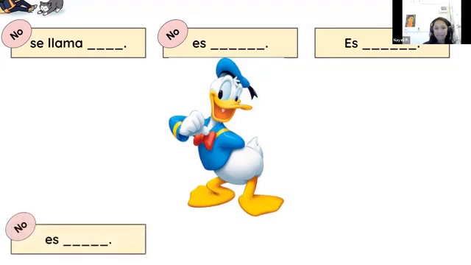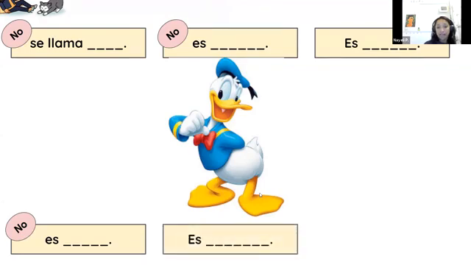No es... do you remember this word? No es artístico. What word did you put? No es artístico. Es actor.